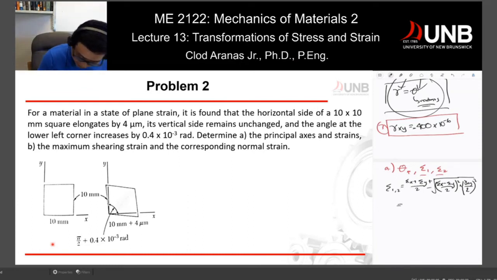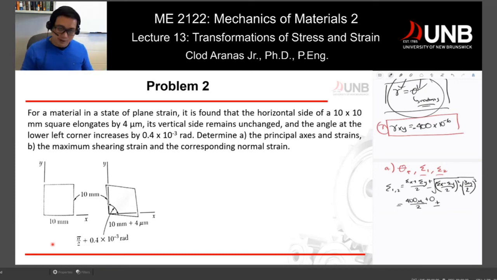So that's 400 mu. Your epsilon would be equal to 400 mu plus 0 divided by 2, plus or minus. The plus would be your epsilon 1, which is the maximum, and the minus would be your minimum.